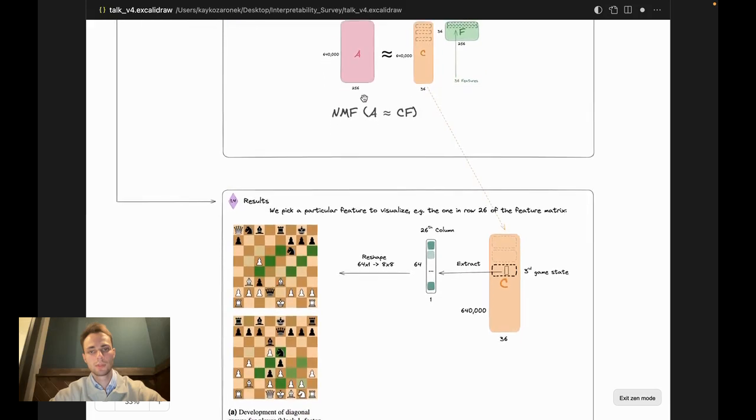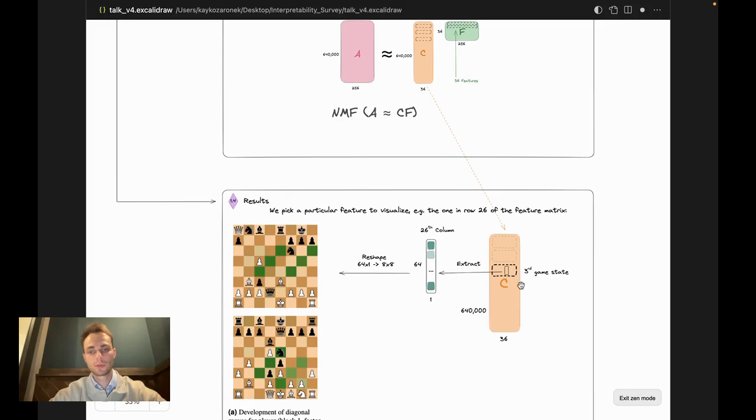Now, how do these results look? Let's actually look at the coefficient matrix and try to visualize what's going on here. Mind you that this tall matrix is composed of 10,000 game states that were chessboard states of the shape 8 by 8 that we reshaped from 8 by 8 to 64.